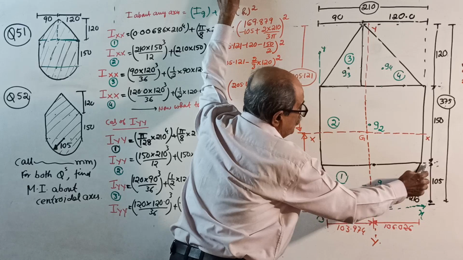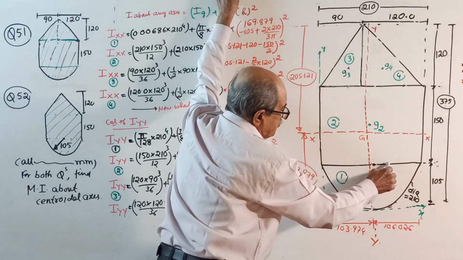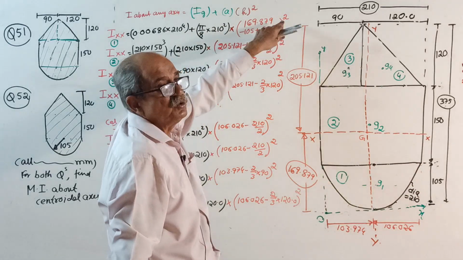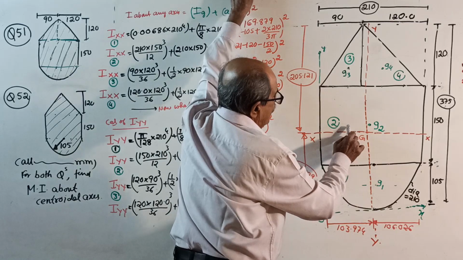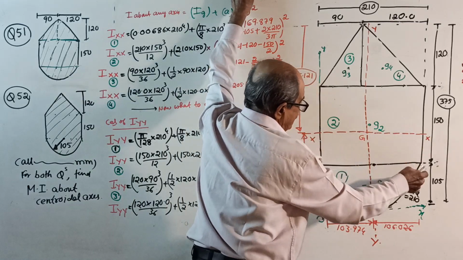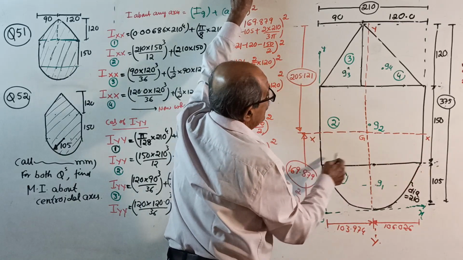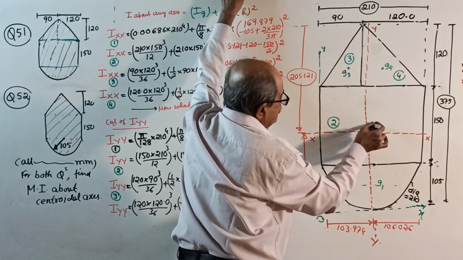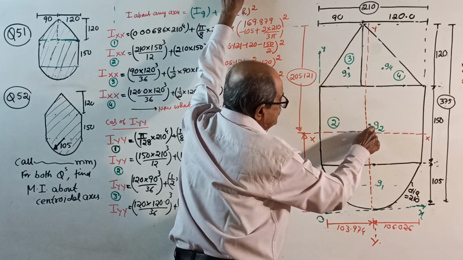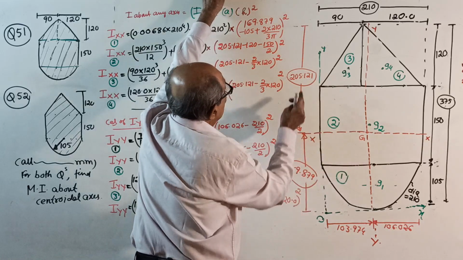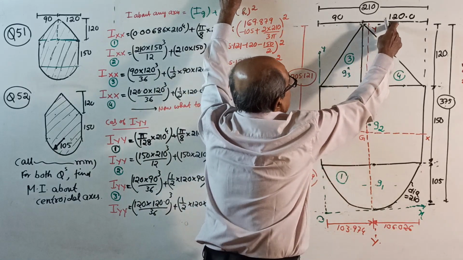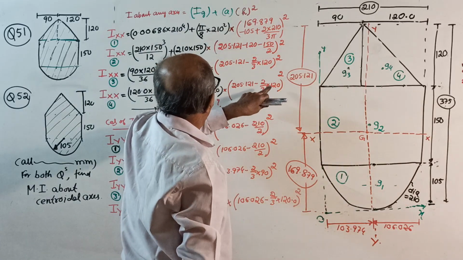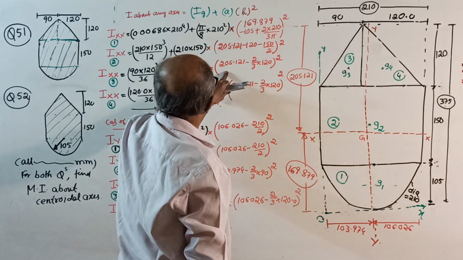Subtract 105, you will get this distance plus 2d by 3 pi. Yes, whole square. For 2, I about its own axis: 210 into 150 cube by 12 plus area into, from G2 to here, this distance square is 205.121 minus 120 minus half of 150. Half of 150, where is it?